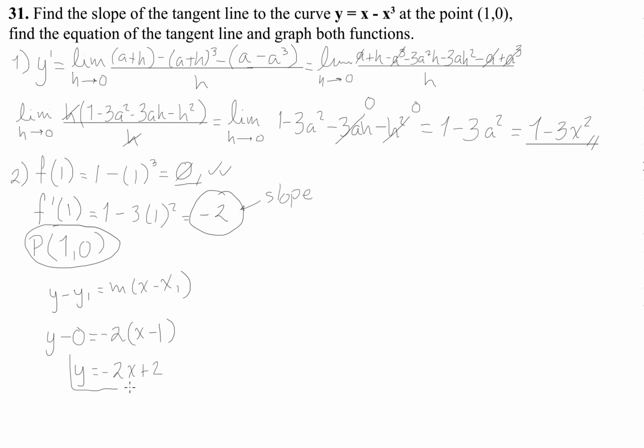Now we found our equation. That means this is a descending straight line. How can we graph this function?